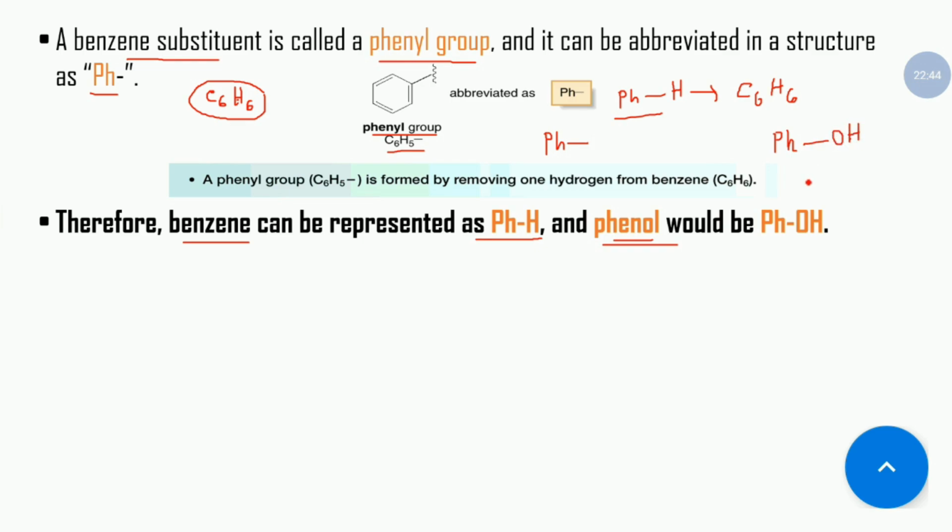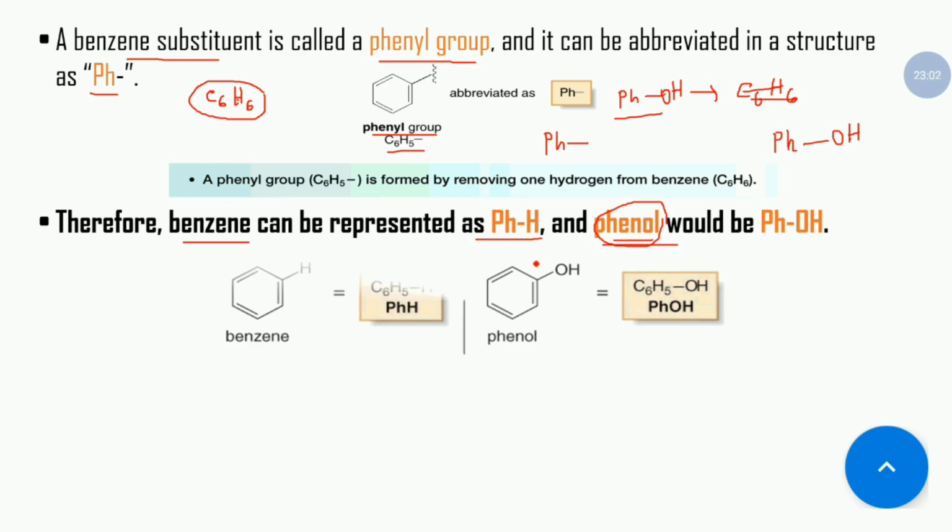Because instead of adding hydrogen to phenyl, we add OH, so it becomes a phenol compound. Understood? So here is your example. Here is benzene, from addition of phenyl with one hydrogen, so it becomes benzene again, and here is your phenol. Understood?